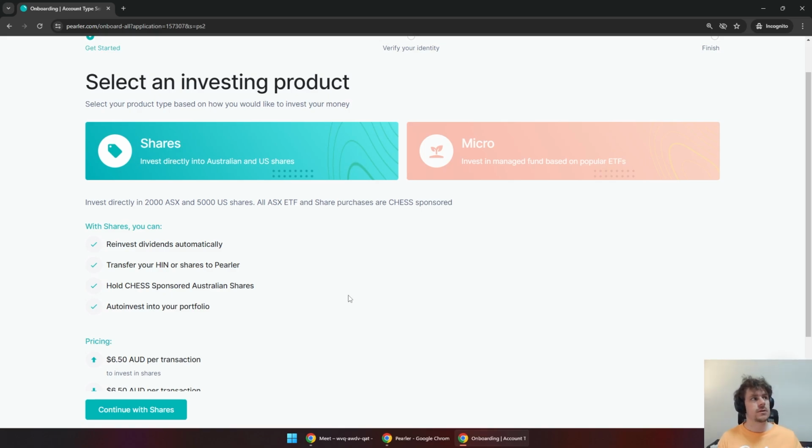So one thing I like to remind people is that while Micro has this safety in being low cost for small investments, Shares has this safety in that if you put $1,000 in Perla and you turn around in a month and you don't like us anymore, you can just transfer that out. We don't charge you any money for it. So there is some kind of escape plan with Shares. Obviously with Micro, you can sell it off, but that will mean there's just one more thing to do at tax time.